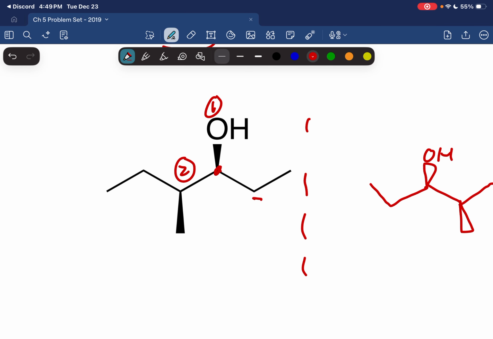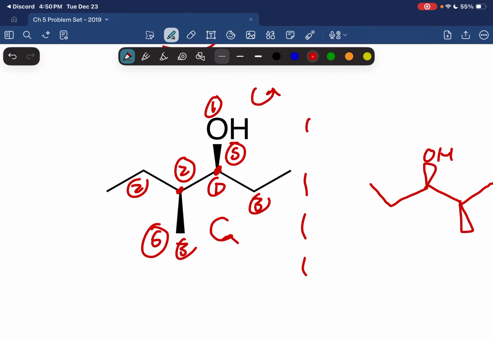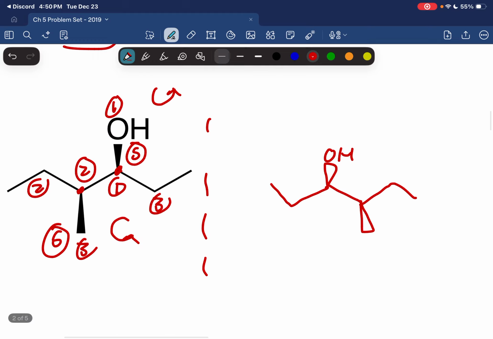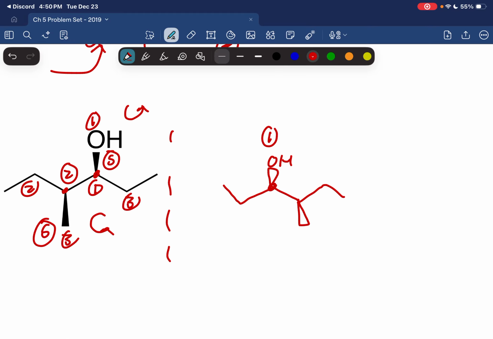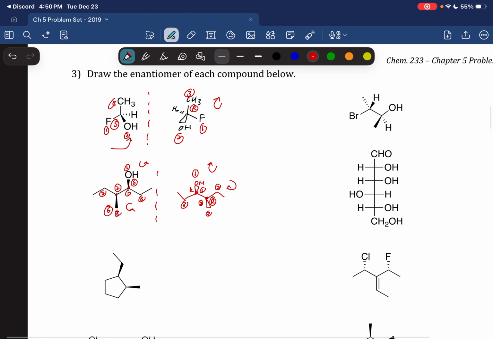You want to go to the left, and then the third, so you go this way, meaning that this is an S configuration, and then over here is going to be a 1, 2, 3, so you go this way, and that this is going to be a, excuse me, guys, I'm blanking out, but this is going to be an S. And if you test it over here, 1, 2, 3. Going this way, so you have an R. If you go this way, you have 1, 2, 3. So you're going this way. Again, another R, meaning enantiomers.